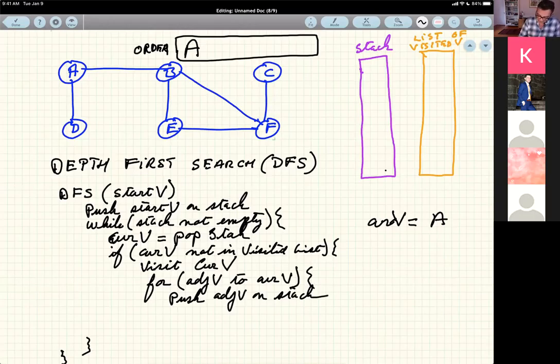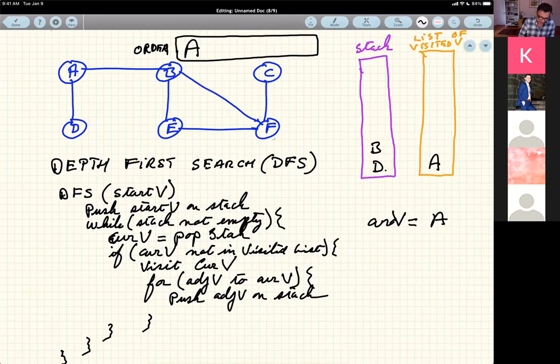Well, they're D and B. A has been visited, so we mark it as visited and put it into the traversal ordering. A is the first one that we have traversed. So we have pushed B and D onto the stack.